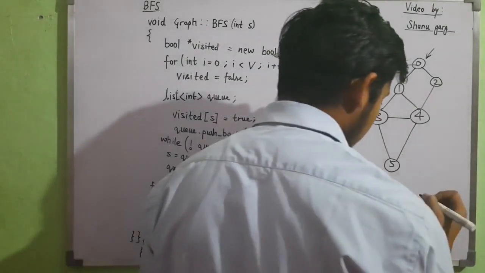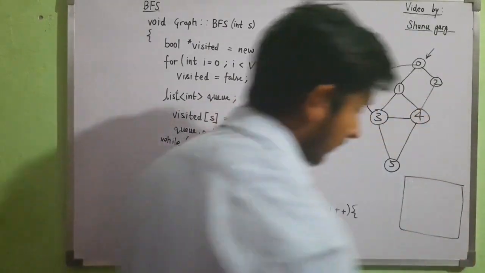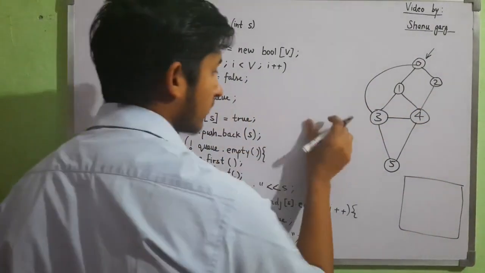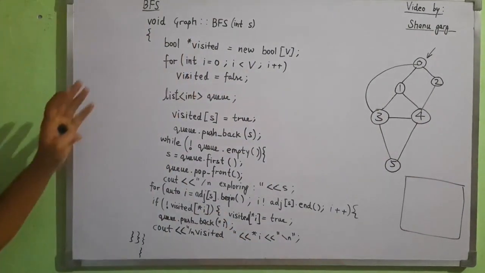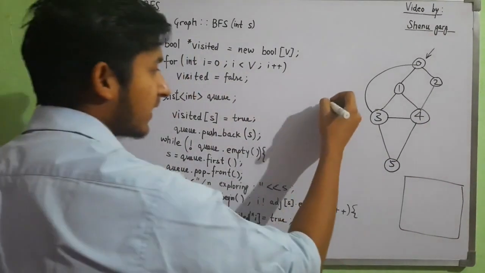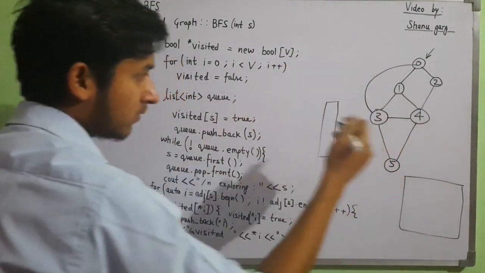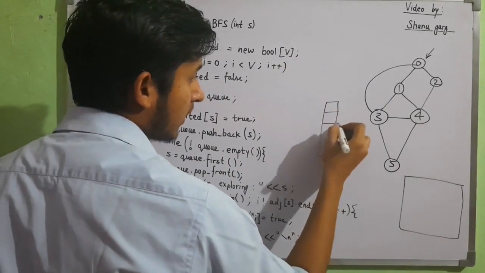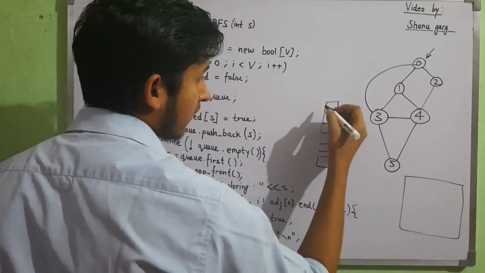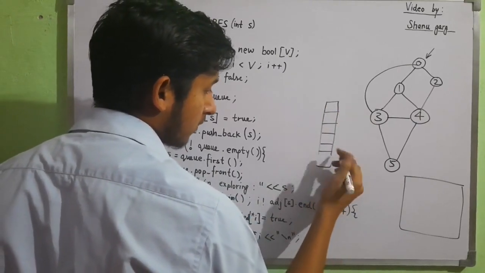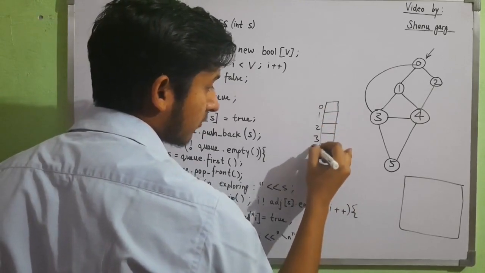Okay. So here's the output screen, and the rest of the things will be declared in this function only. Firstly we'll have an array of size 6 here: 0, 1, 2, 3, 4, 5.